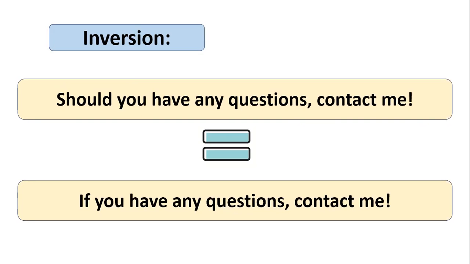So this is one form of inversion. Inversion means sometimes we need to change the order of the words in the sentence, okay? But the meaning will be still the same. So in this case, these two sentences are similar in meaning. Just be familiar with how this looks. This is an example of a first conditional.